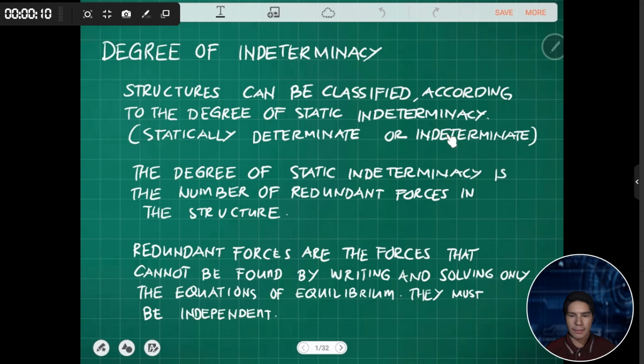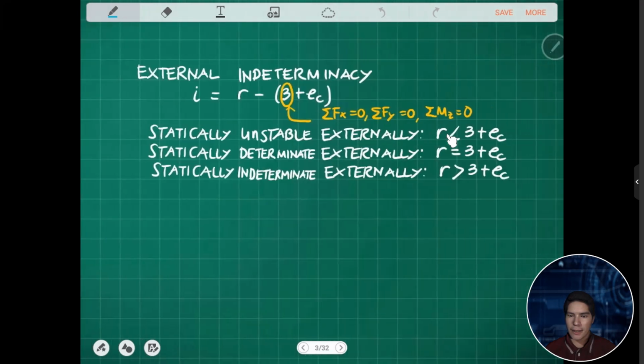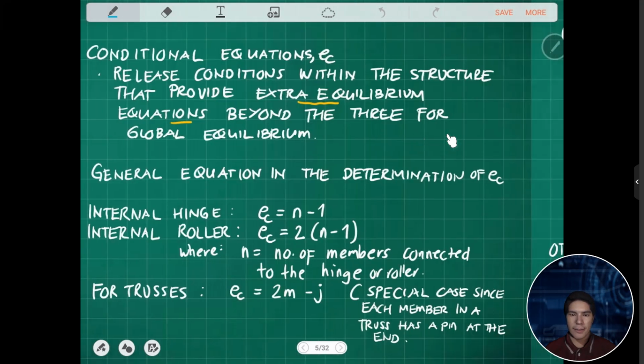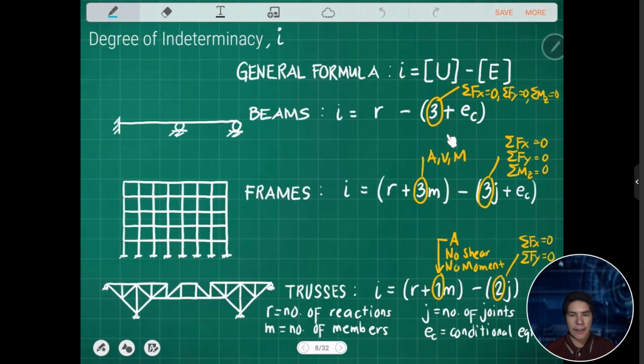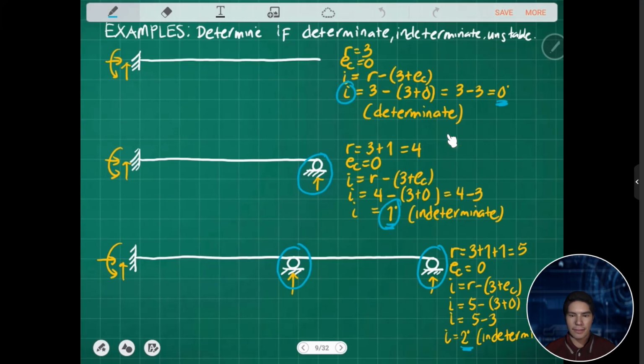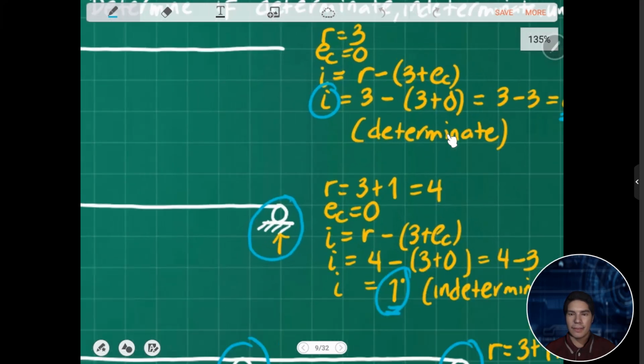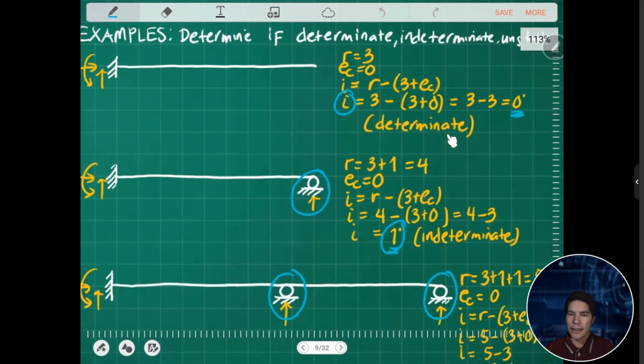So in the previous session, we discussed the degree of indeterminacy together with the formulas involved for the conditional equation for trusses, beams, and frames. And then we have solved a few examples just to illustrate the importance of the degree of indeterminacy.